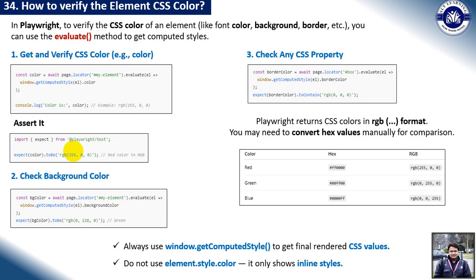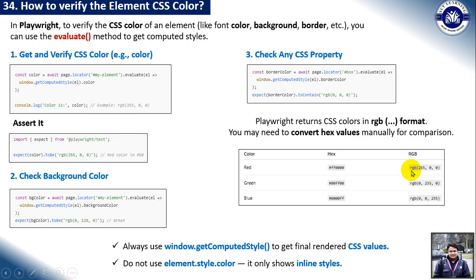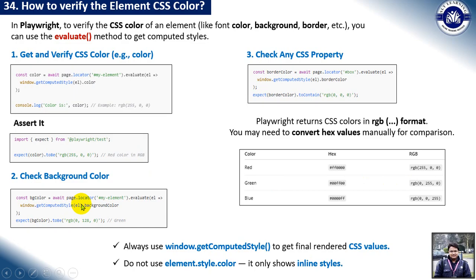You need to provide that information in this context. So you can find whatever color you have on your website, find the RGB value, and then just say expect bgColor to be RGB and the value of those three things. Okay, this will always be useful.